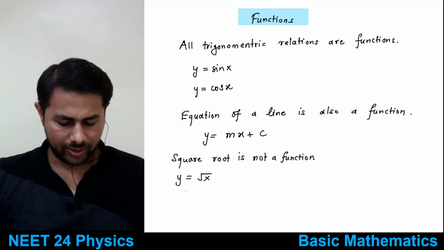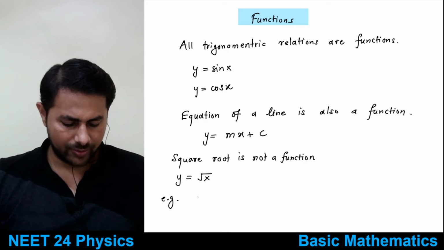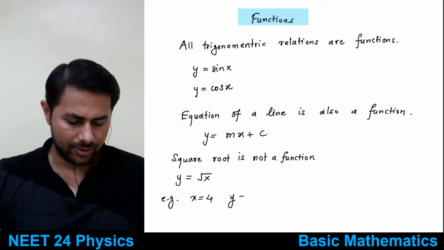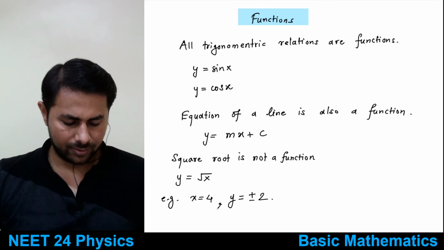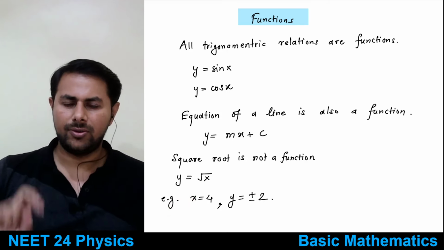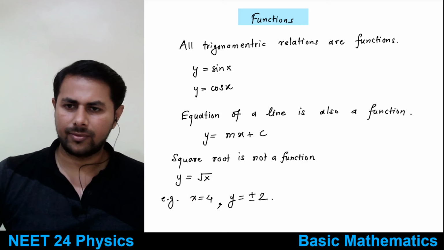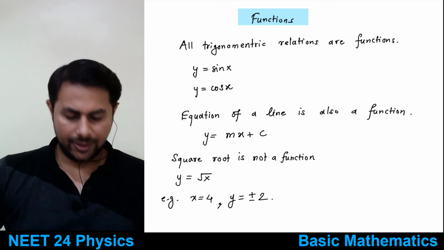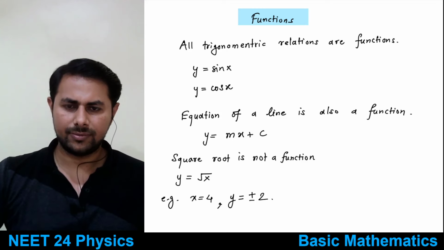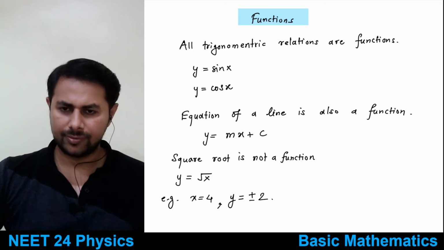Why? Because for an example, if you have x equal to 4, then you have y equal to plus or minus 2. So for one value of x, how many values of y do you have? You have two values of y, right? Yes, no?